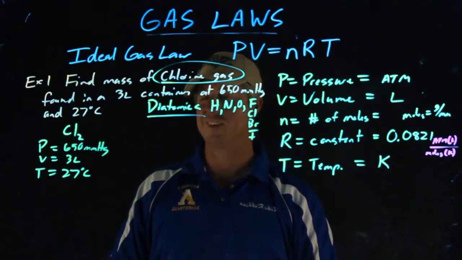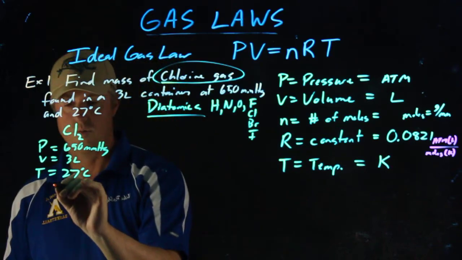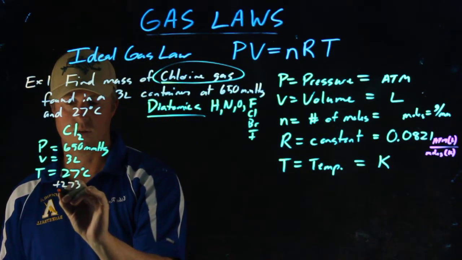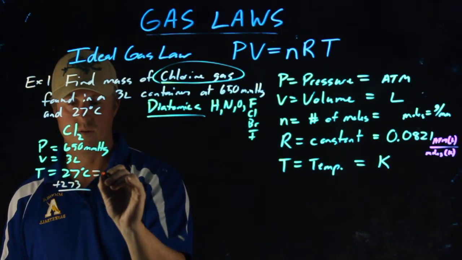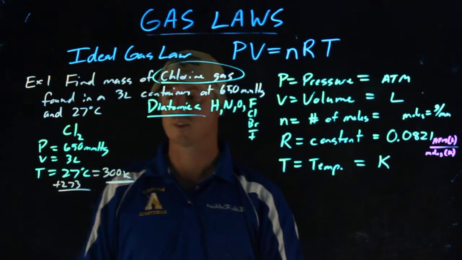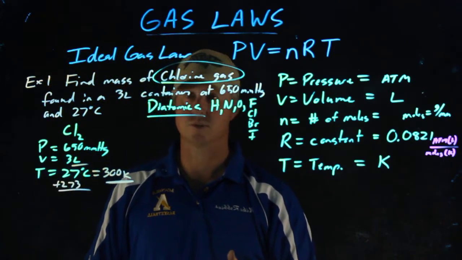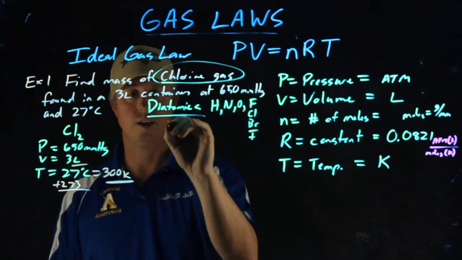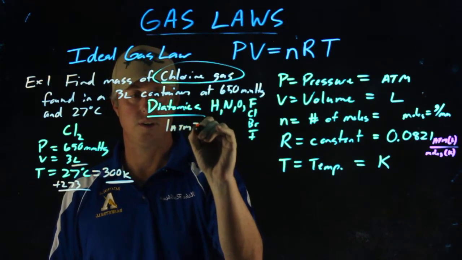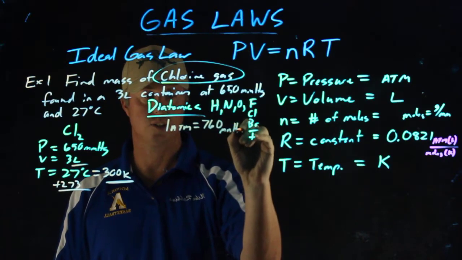So my first step is I need to convert. Temperature is not in Kelvin. So plus 273. That makes this equal to 300 Kelvin. Must be in Kelvin. Liters, I'm fine. Pressure is not in atm. I want it in atm. I know 1 atm is equal to 760 mmHg.